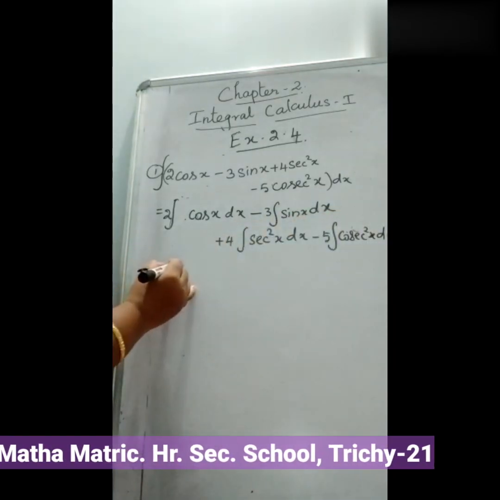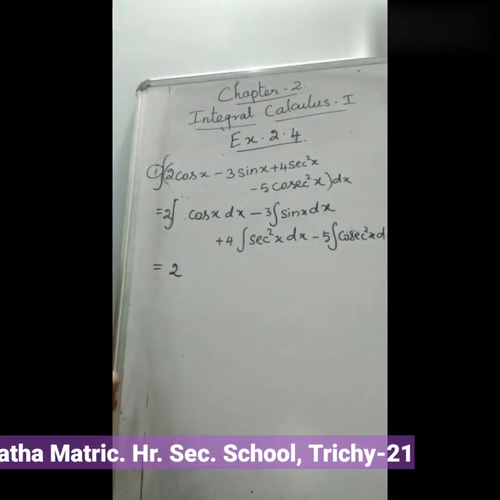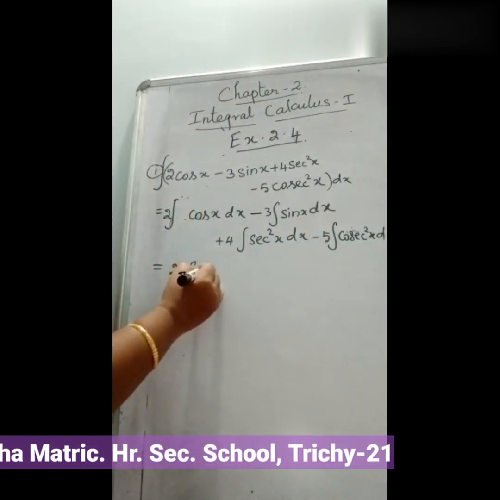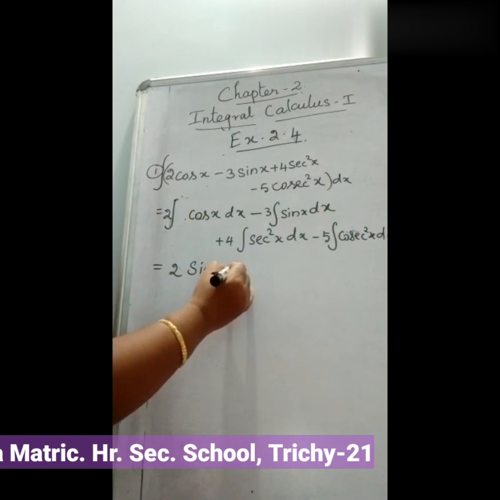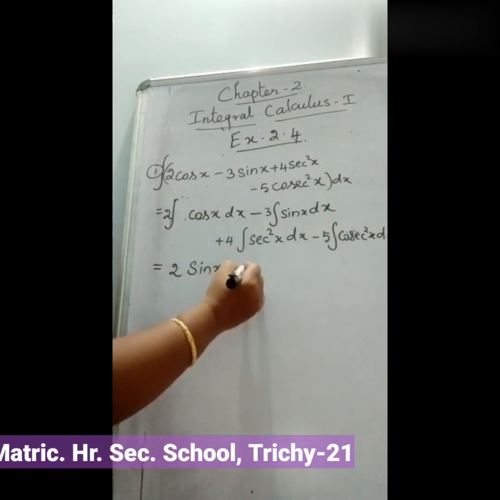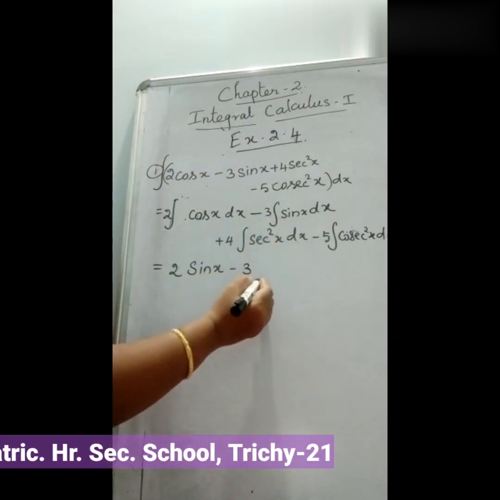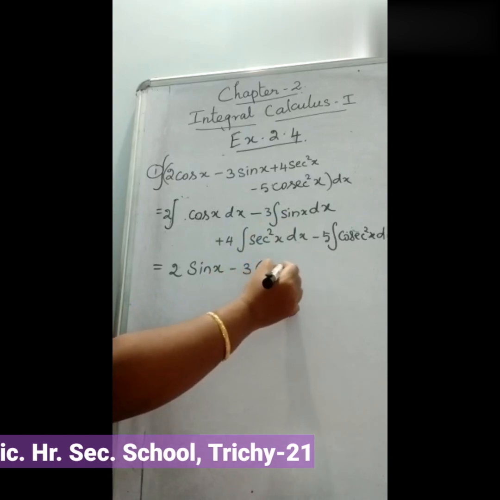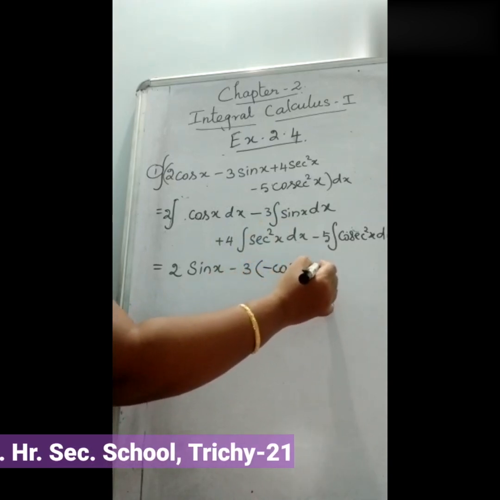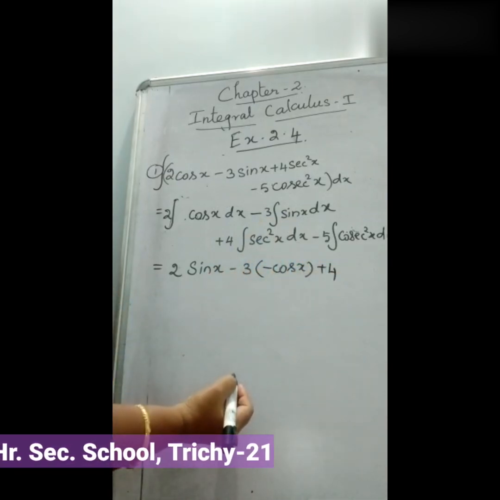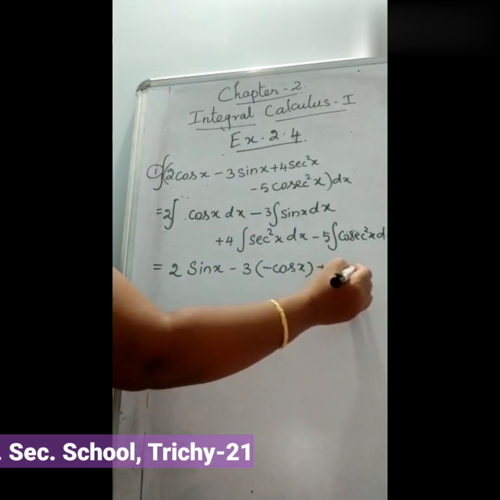Now we integrate. 2 into the integral of cos x, which is sin x. So 2 sin x, minus 3 into the integral of sin x, which is minus cos x. Plus 4 into the integral of secant squared x, which is tan x.